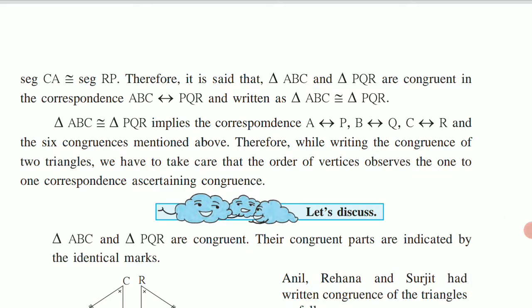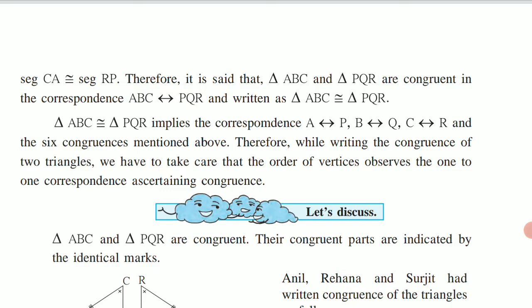Therefore, it is said that triangle ABC and triangle PQR are congruent in the correspondence ABC corresponds to PQR, and written as triangle ABC congruent with triangle PQR. Triangle ABC congruent with triangle PQR implies the correspondence A corresponds to P, B corresponds to Q, C corresponds to R, and the 6 congruences mentioned above.